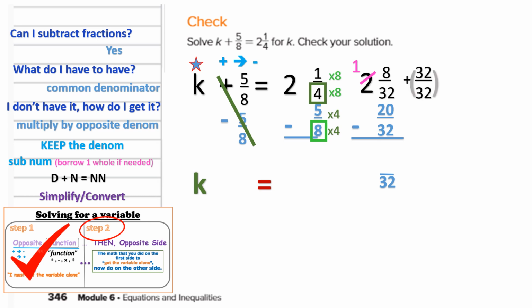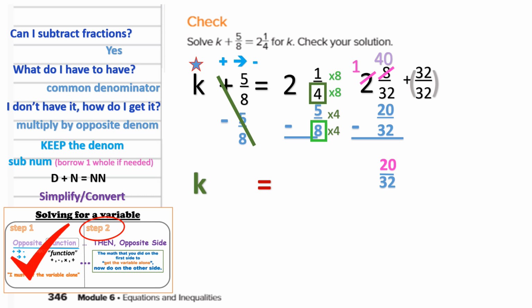So I'm carrying over 32 over 32. I'm adding that to the 8 over 32. Once again, the shortcut is simply, if I add denominator and numerator, I get my new numerator. Either way, it's going to be the same math. 8 plus 32 is going to give me a numerator of 40. Now I've already kept my denominator, so I can subtract 40 minus 20, which is 20.